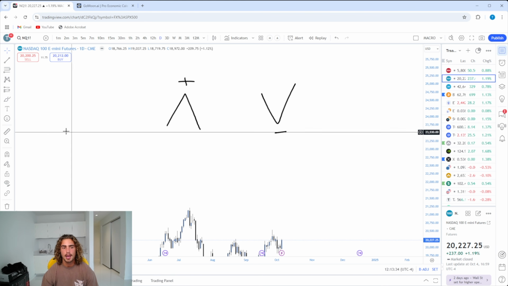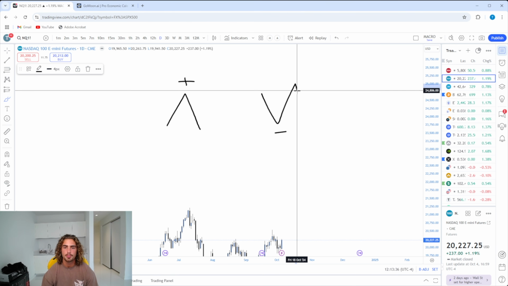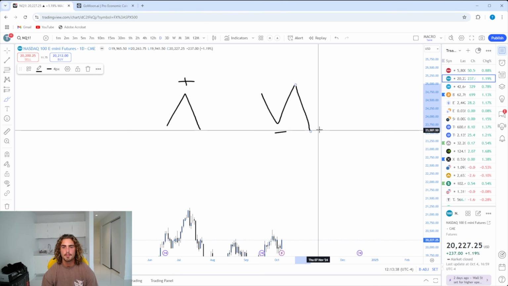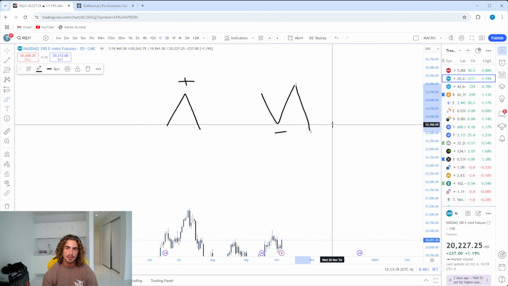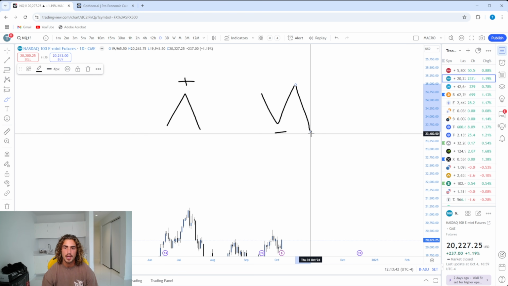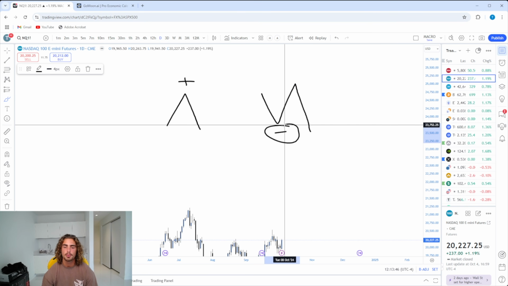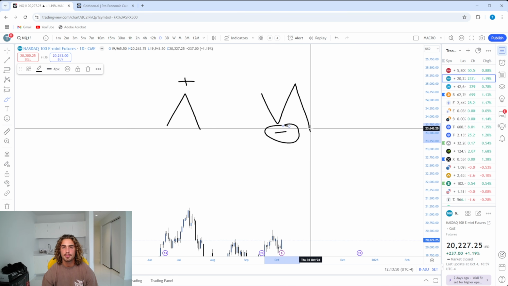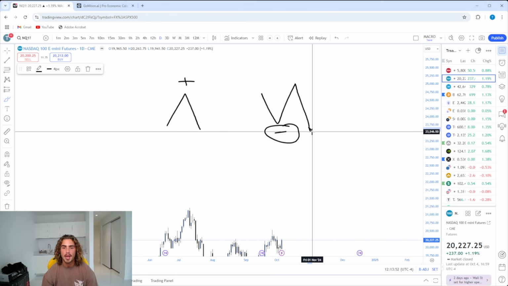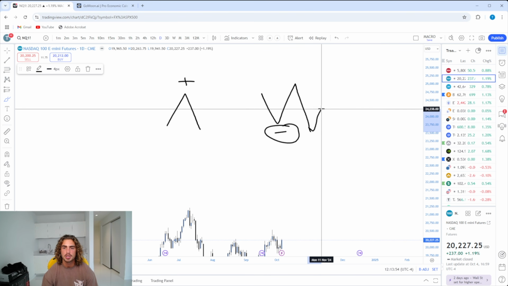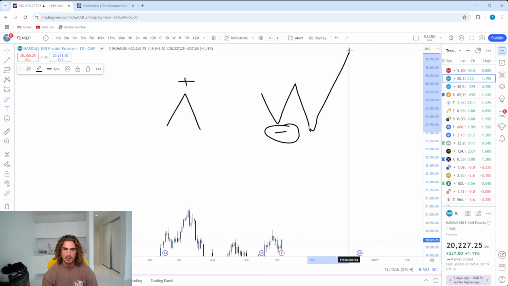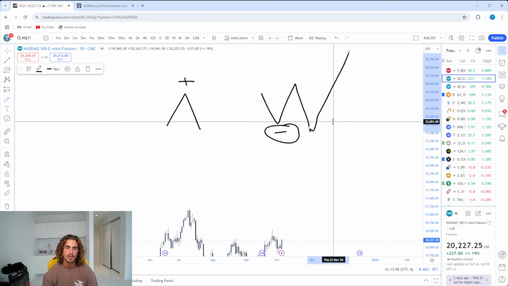So what happens when we push underneath a low and the market makers and the algorithm want to reverse price? Well, since there's already a ton of people who are going to be selling right here, what are they able to do? Fill a ton of their buy positions to end up reversing the market. And that is where liquidity lies.